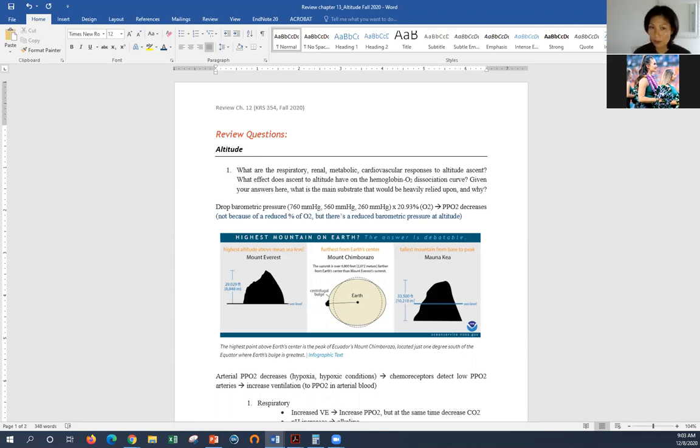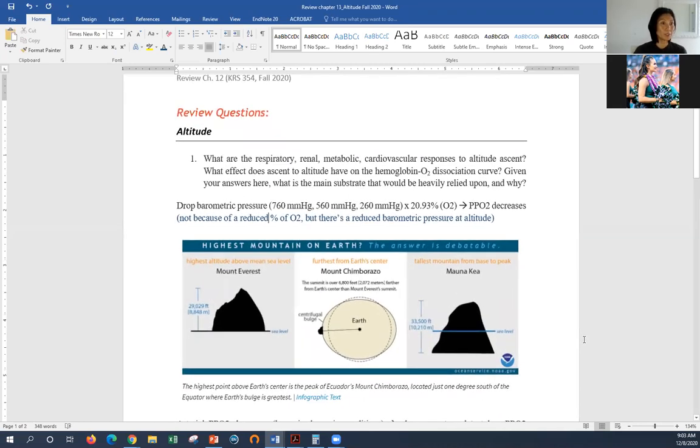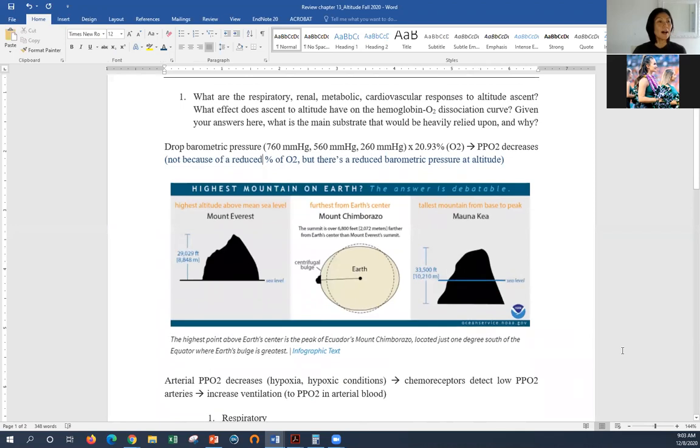Okay, so we're going to talk about altitude, which is super exciting. I was just online reading about Mount Everest again because I never get tired of reading about Mount Everest. And I found this really cool infographic. It shows that Mount Everest is the highest mountain on Earth if it's measured from sea level.